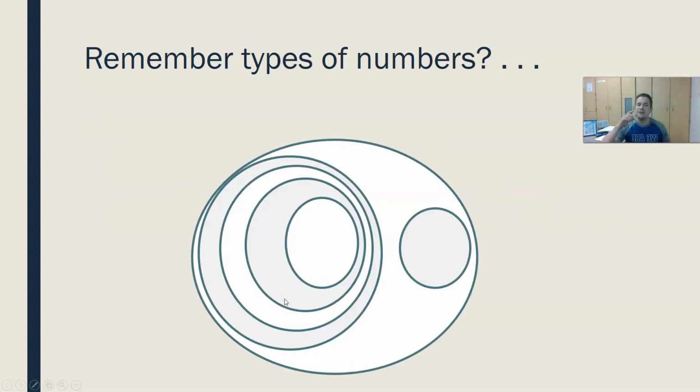So I want you to reflect back to the very first unit we had in the first trimester of Math 2. Remember talking about types of numbers? I had this big circle and I talked about a bunch of different kinds of numbers. I talked about natural numbers, whole numbers, integers, rational numbers, and irrational numbers.